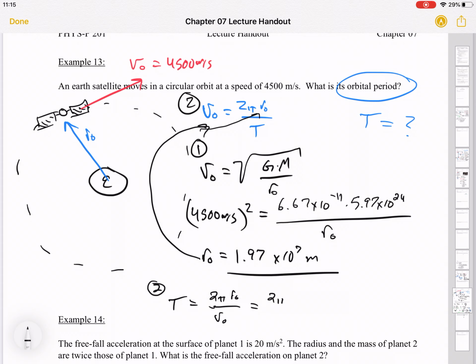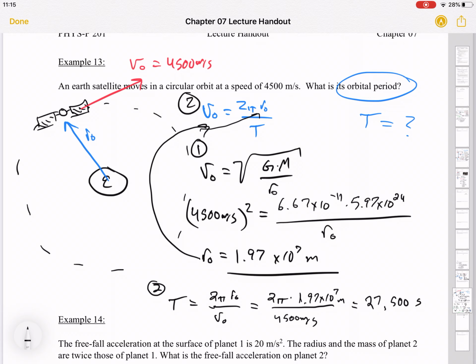Plugging into that, 2 pi times 1.97 times 10 to the 7, that's in meters, divided by a velocity, which is 4,500 meters per second. That's going to give me a number in seconds, which is 27,500 seconds.